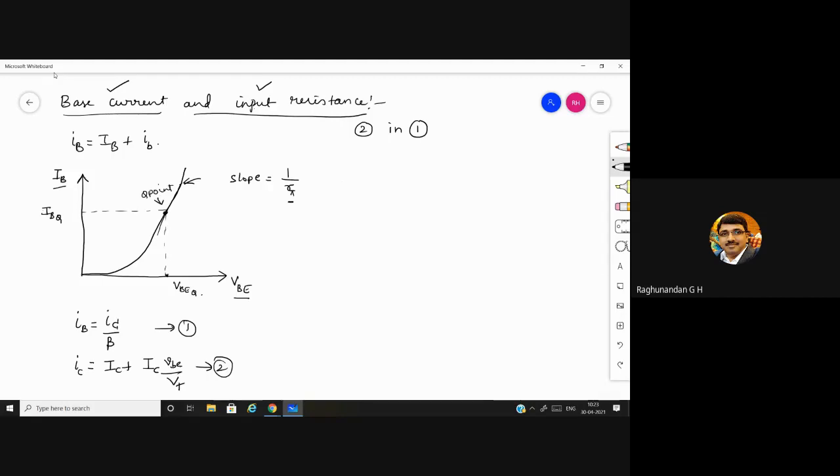Now, once you substitute 2 in 1, what you'll get? You'll be getting IC by beta plus VBE by VT into IC by beta into VT. So take this as equation number 3. Do we have any equation to replace this term, or any term to replace these two terms?